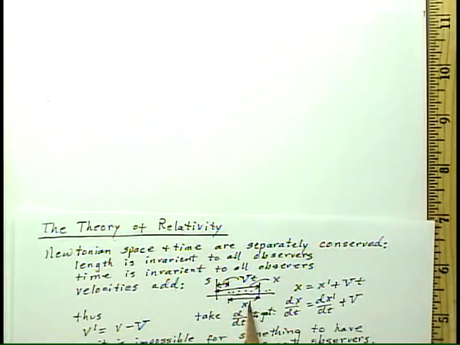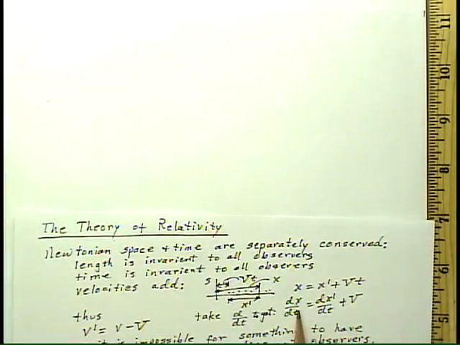If these 2 frames were coincident at time t equals 0, then this frame has moved along a distance capital V times t in that period of time since t equals 0. We can see that if we put t equals 0 here, they'd be coincident at that time. Consequently, x is equal to x prime plus v times t.